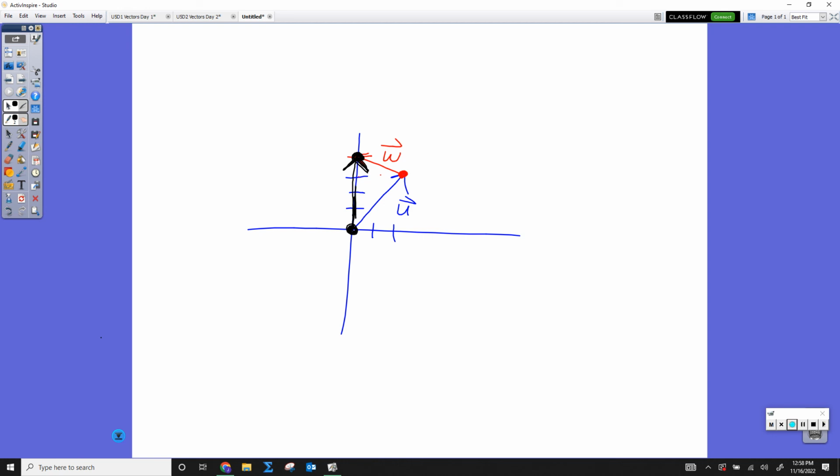I'm going to bold this out really well here. That is a vector we just made, isn't it? It's the vector U plus W. What can you tell me about that vector? What's its component form? 0, 4. We moved left and right none, and went straight up 4 units. 0, 4. That's how we add vectors.